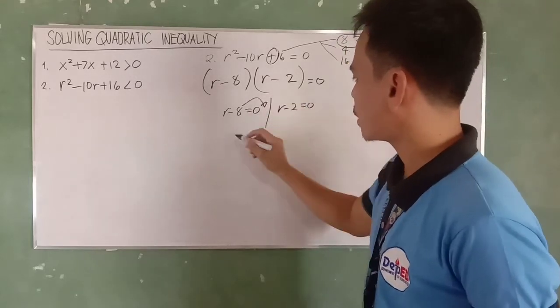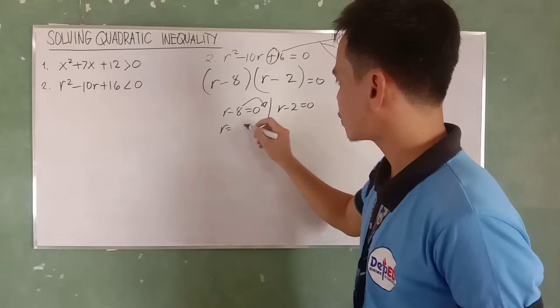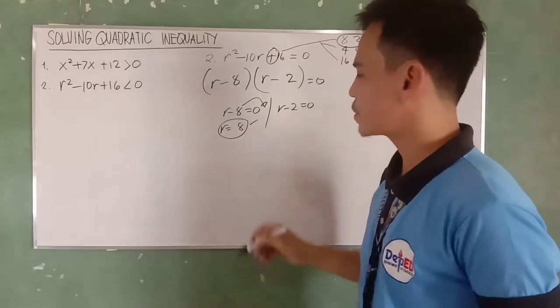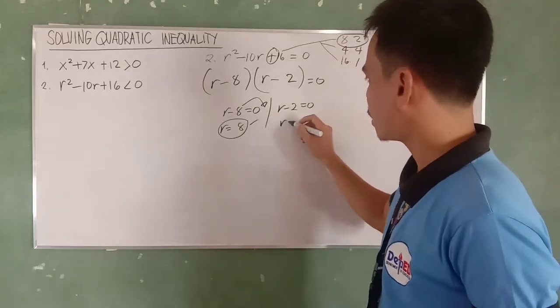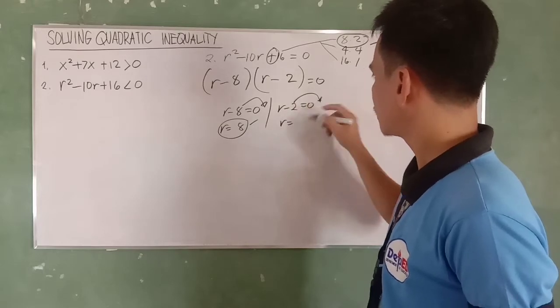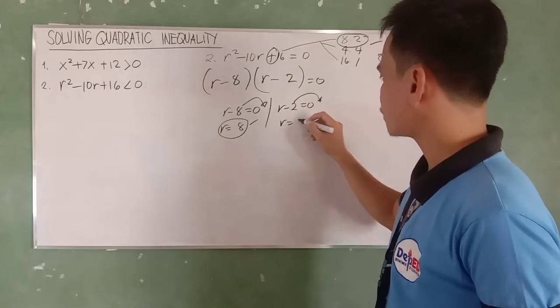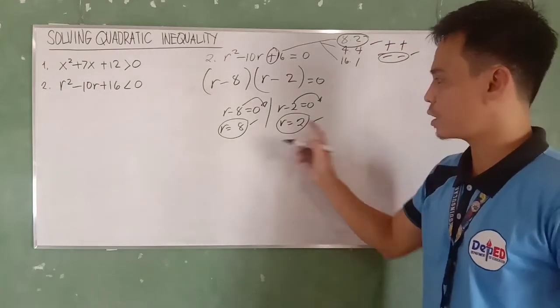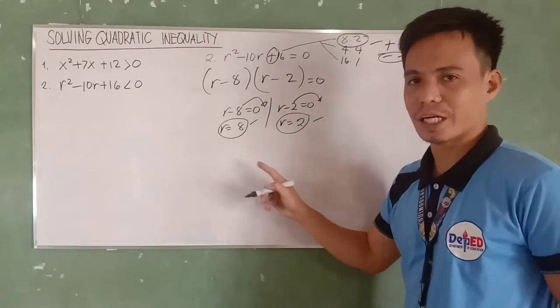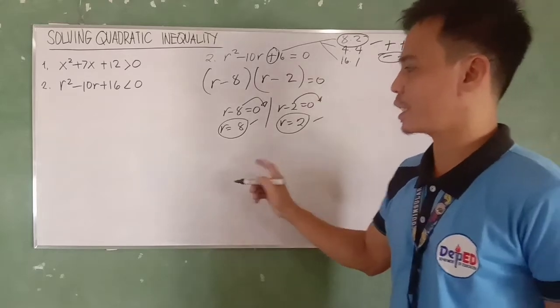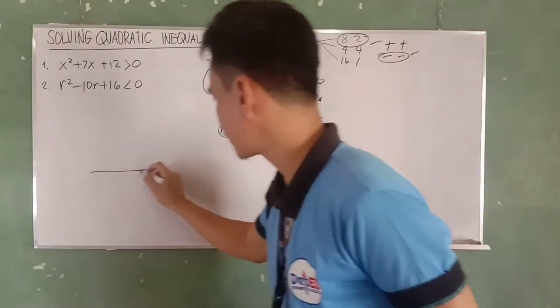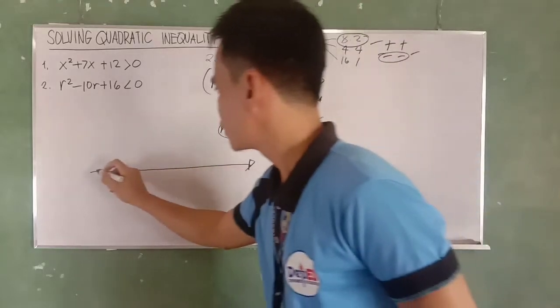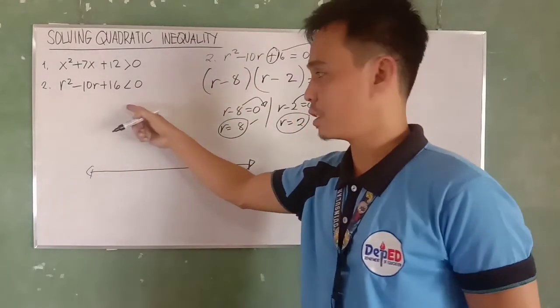So solving for r here, r is equal to positive 8. There you have it guys, our first root. And r is equal to negative 2, to the other side will be positive 2. There you have it guys, our roots, 8 and 2. So let's construct a number line para malaman natin yung mga numbers na magsasatisfy doon sa given inequality.